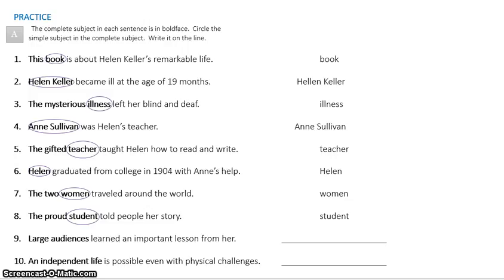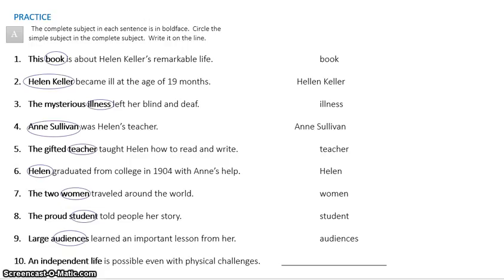Okay, 2 more. Number 9, large audiences learned an important lesson from her. They've divided into complete subject, complete predicate. I'm going to look inside the complete subject for the simple subject, and I have 2 words to choose from. Is the whole sentence about large, or is it about audiences? Well, it's going to be about audiences, so you should have circled the word audiences and written it on the line. Last one.